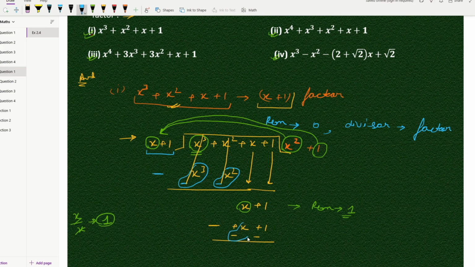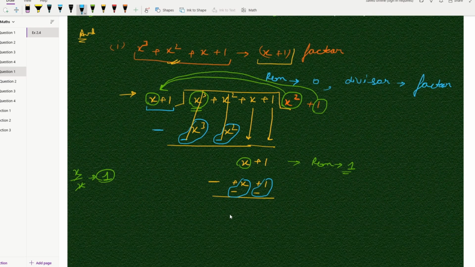So this will be minus, this will be minus. ये प्लस एक्स है और ये माइनस एक्स है और ये +1 है और ये -1 है. ये देखिए आपका सब कैंसिल हो गया एंड रिमाइंडर इज़ फाइनली कमिंग आउट टू बी 0.